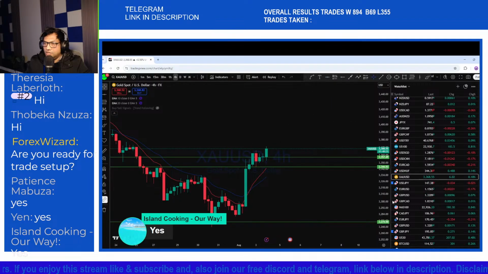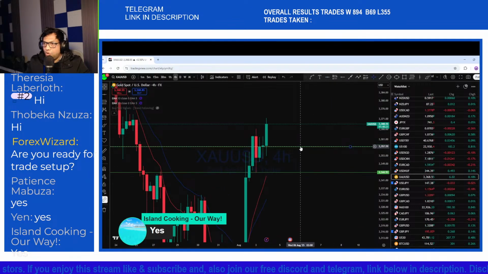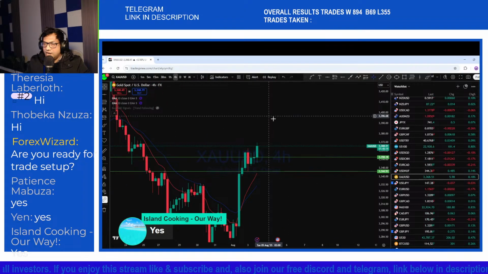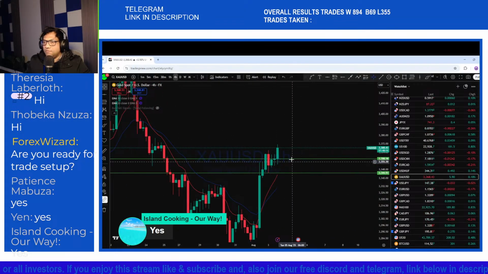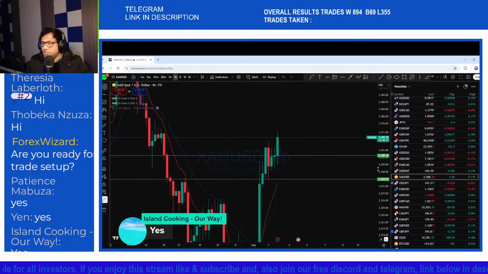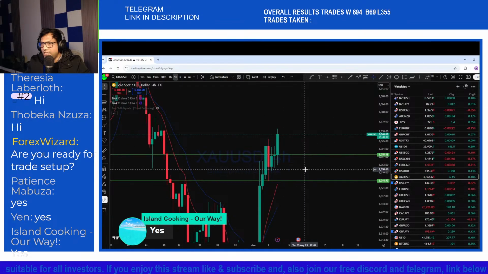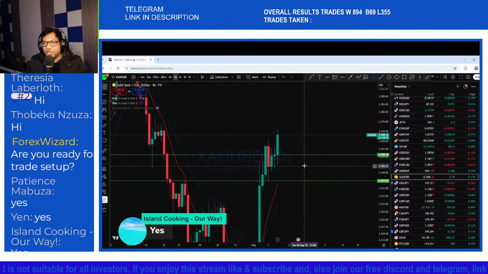On our chart, we can see the market has opened from this level to the upside on the intraday time frame on gold. If you look at this 4-hour candle, guys, it is in fact bullish price action here.